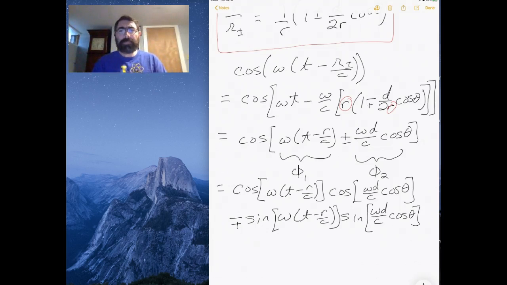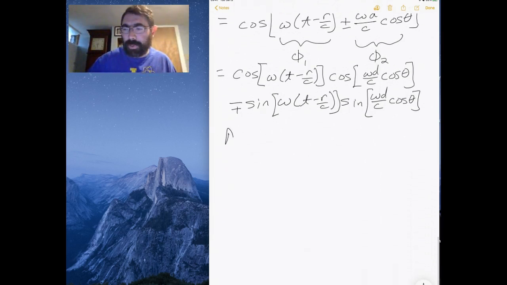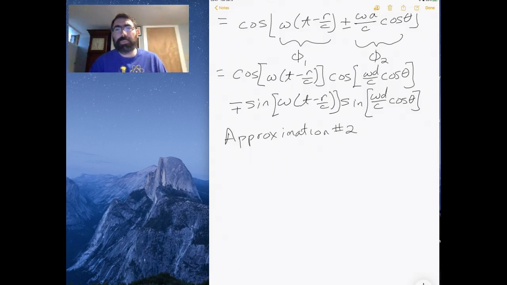Okay, so let's make another approximation. This would be approximation number 2. The first approximation was that d was much, much smaller than r. In this approximation, d is much, much smaller than c over omega. What does that mean?